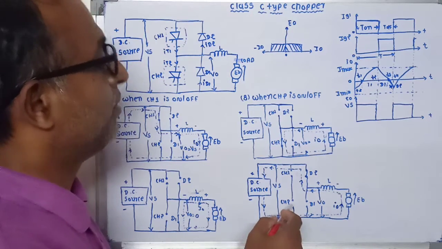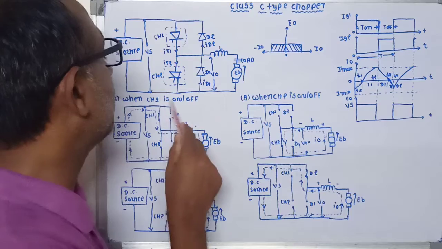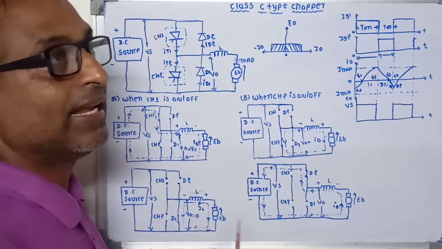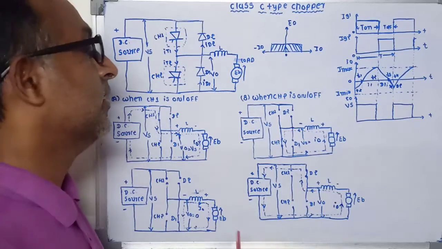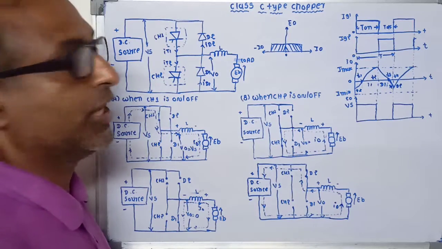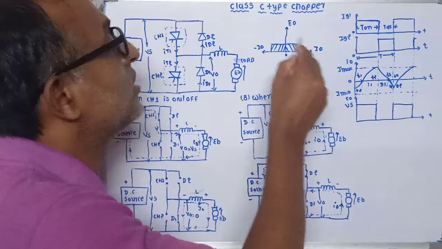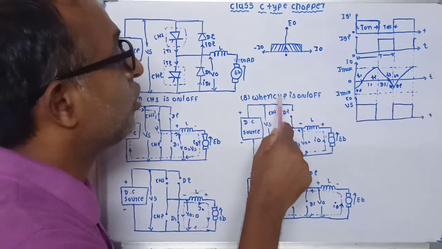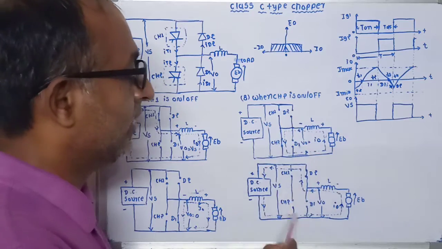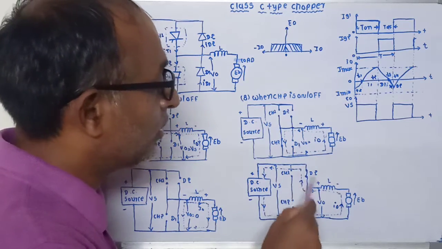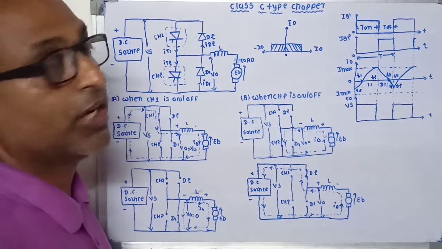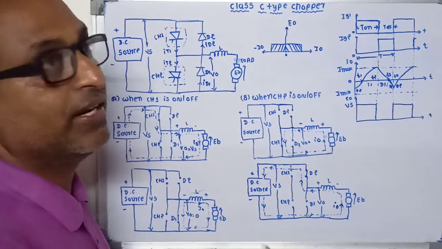When CH1 is on or diode D1 is turned on, your output voltage and load current are both positive, so this operates in the first quadrant. But when chopper CH2 is turned on, and also diode D2 is turned on, your voltage is positive but the load current is negative.